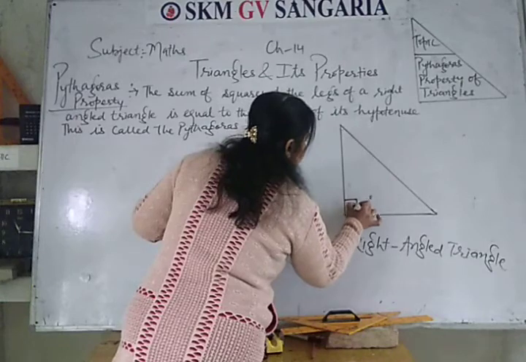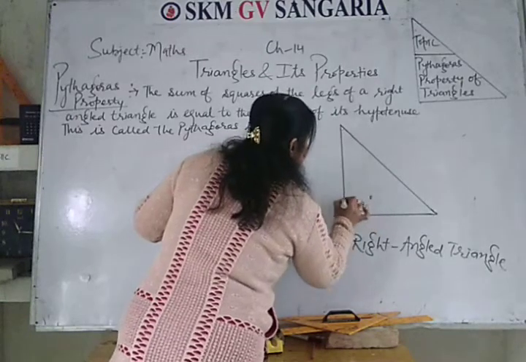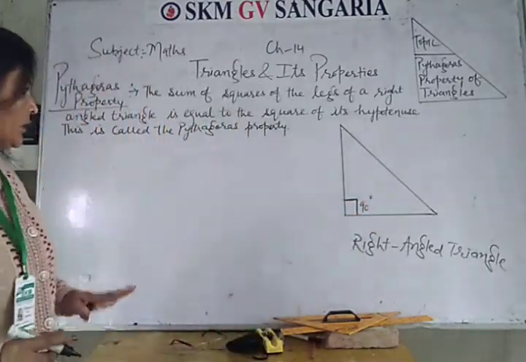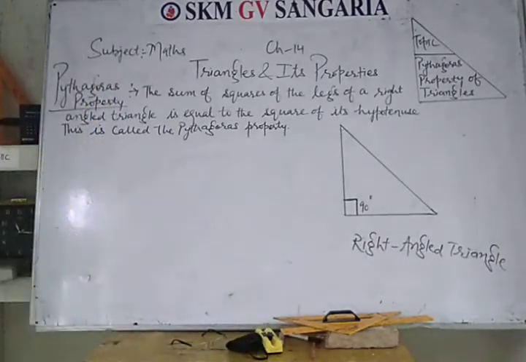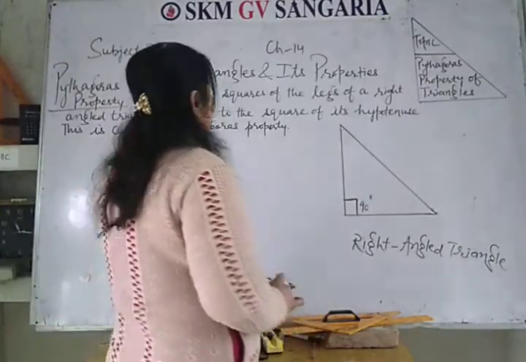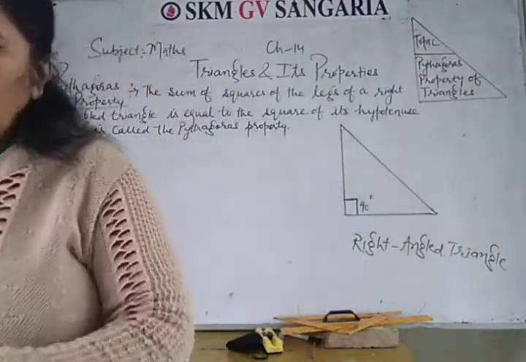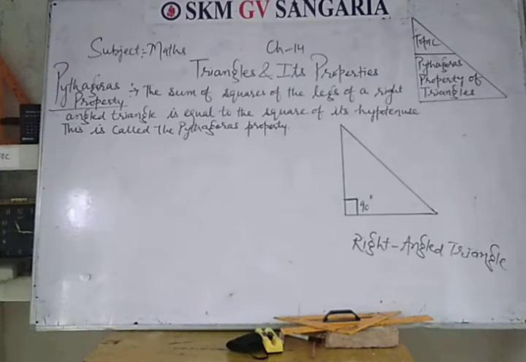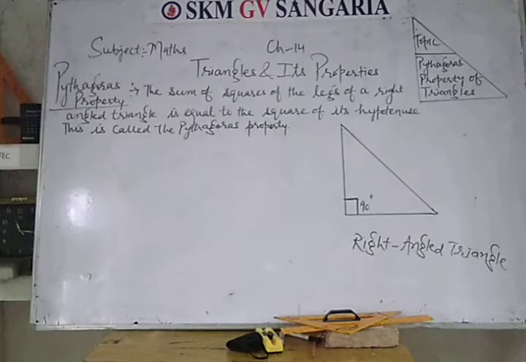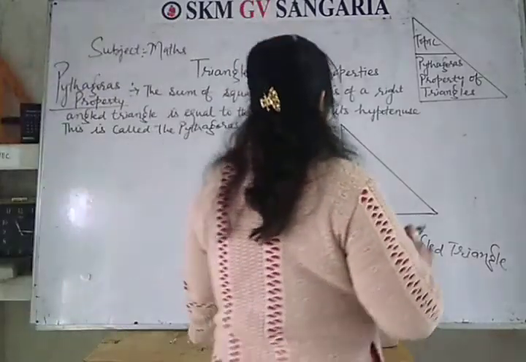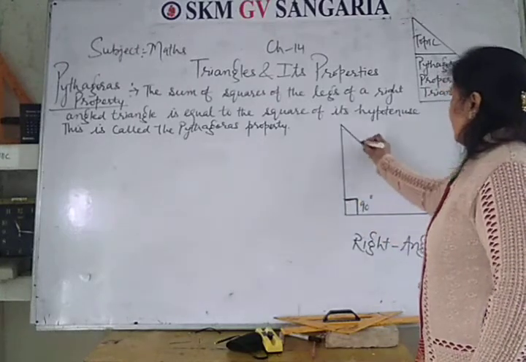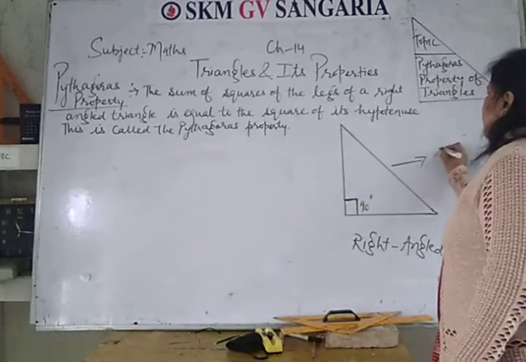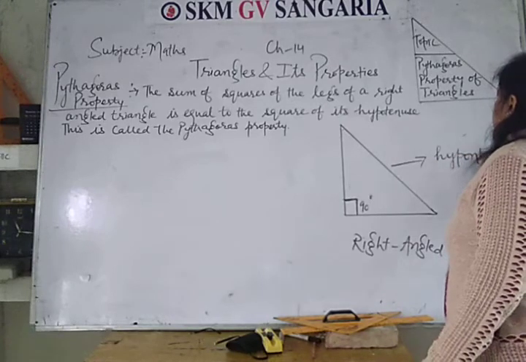Here the longest side opposite to the right angle is called the hypotenuse.